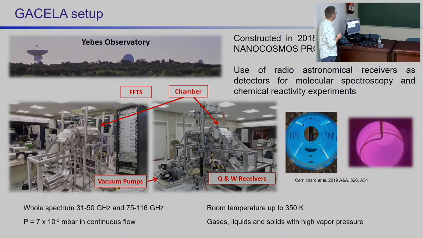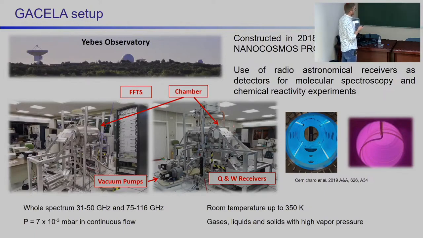The typical pressure is around 10^-3 millibars, and we work in a continuous flow. That means that we are injecting the sample, and at the same time, we are evacuating using the vacuum system, just to avoid decomposition problems of the sample inside of the camera.